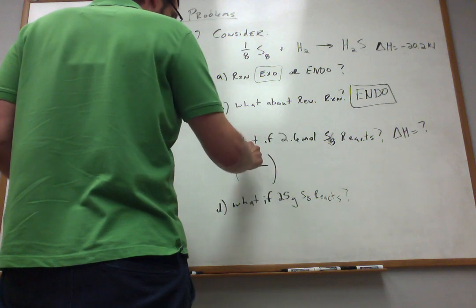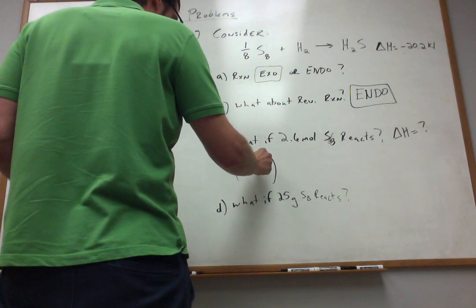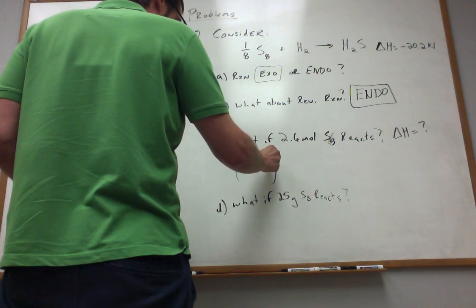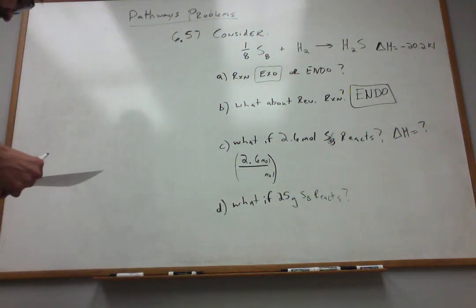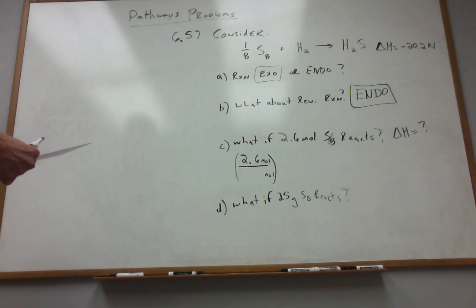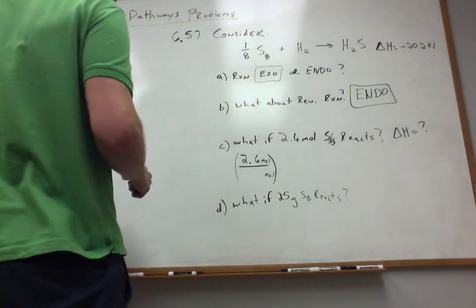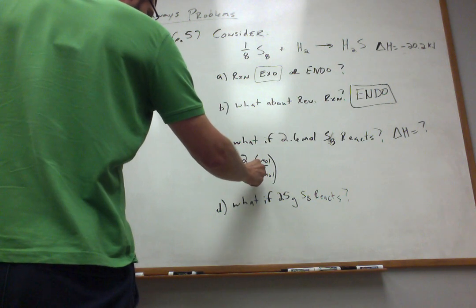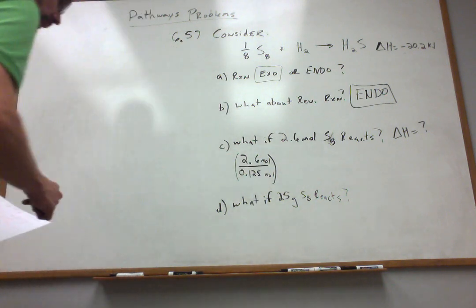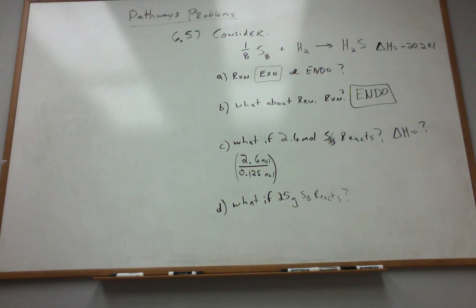In this particular case, I'm scaling it up to 2.6 moles, when originally it was far less than that. Originally, I had 1/8 of a mole. Now if I do conversion to decimal form, 1 divided by 8, that yields 0.125 moles.